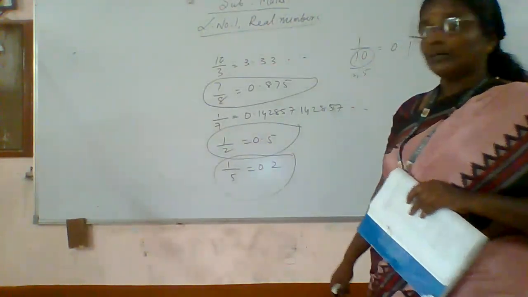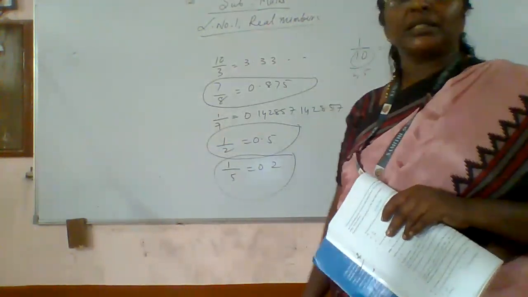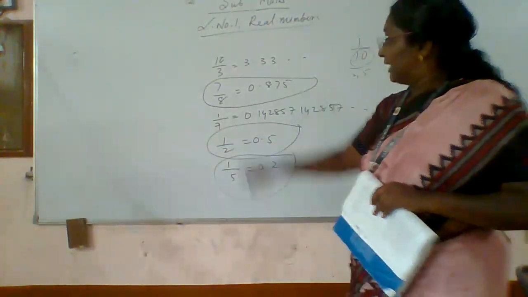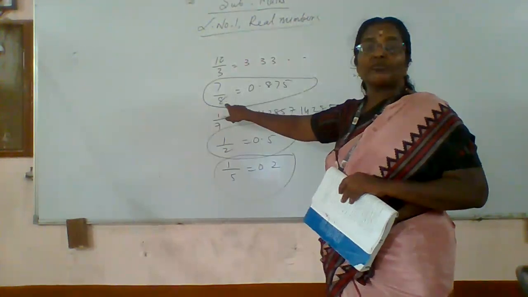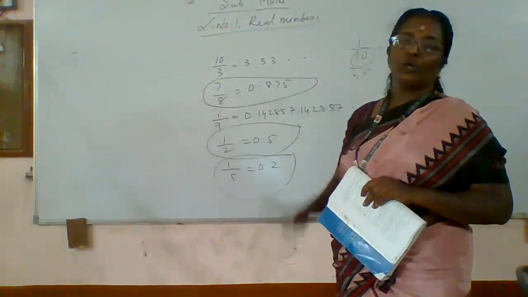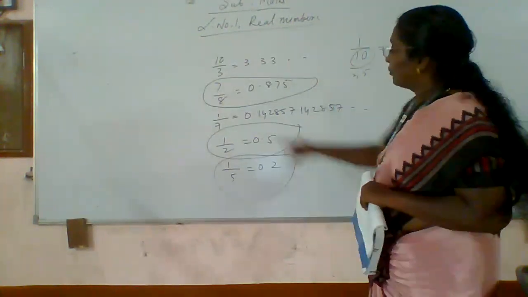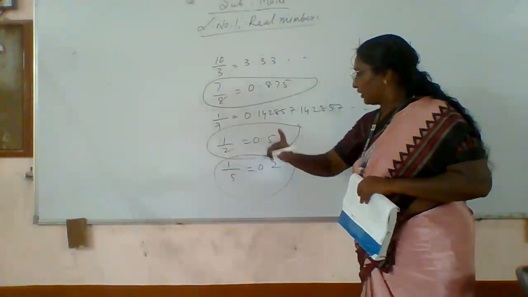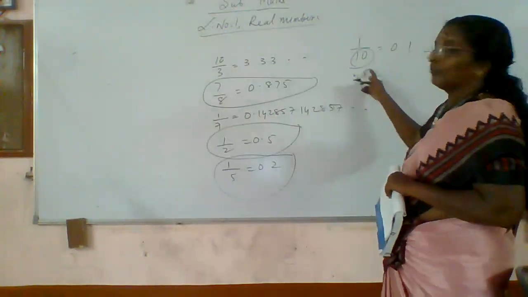Therefore, if the rational number is a terminating decimal, then the factors of Q will be either 2 or 5 or 2 and 5 only. Which are they? Here 2 only, here also 2 only, here 5 only, here 2 and 5 both are coming.